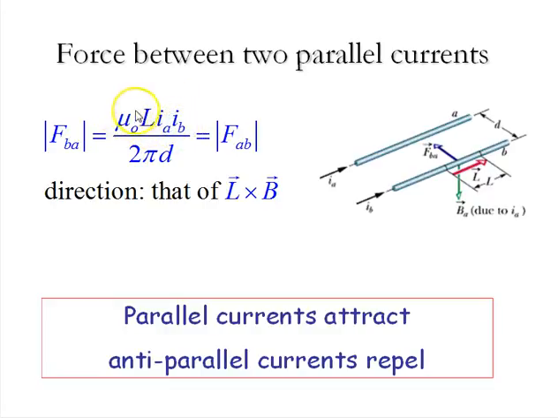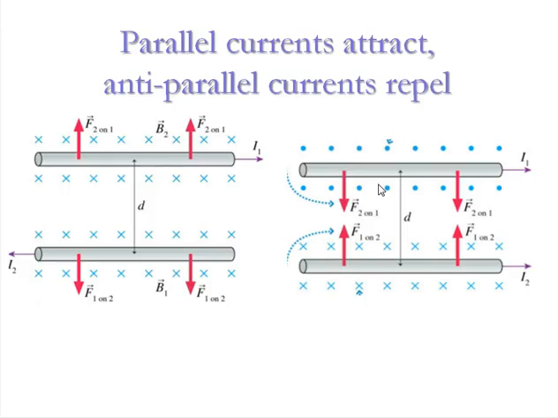And of course we have our proportionality constant mu naught, which is our permeability constant in a vacuum. So we have parallel currents attract and anti-parallel currents repel. Another way to look at these diagrams is if we show the magnetic field, instead of showing it as a loop, a ring, we can show it on either side of the wire.